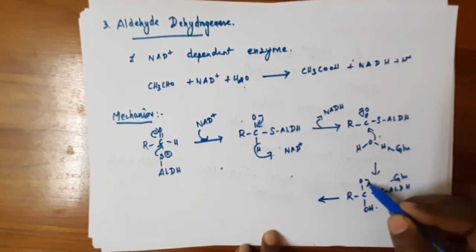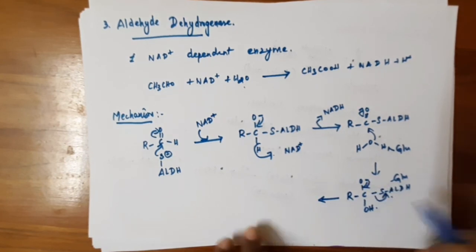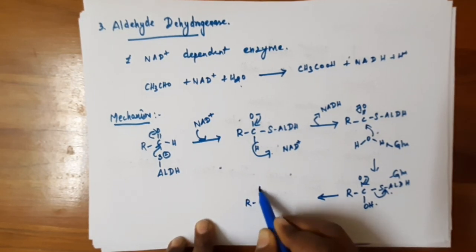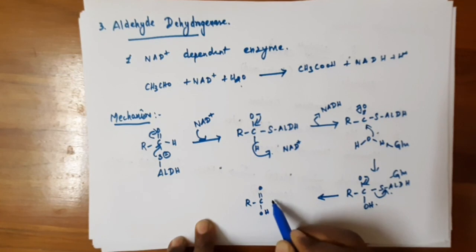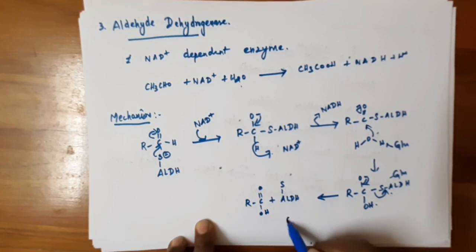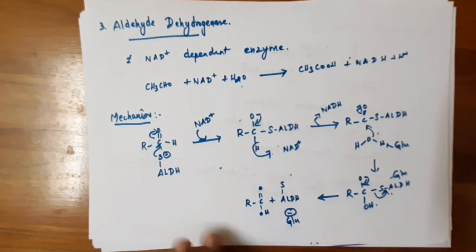After this, the removal and regeneration of the enzyme takes place, giving out the acid plus the aldehyde dehydrogenase enzyme.